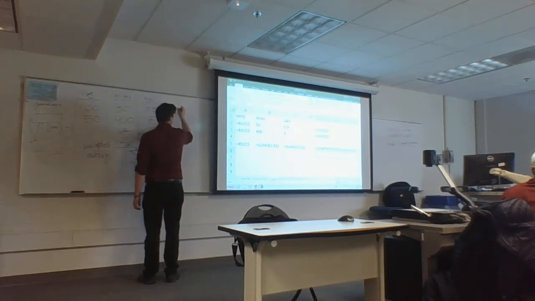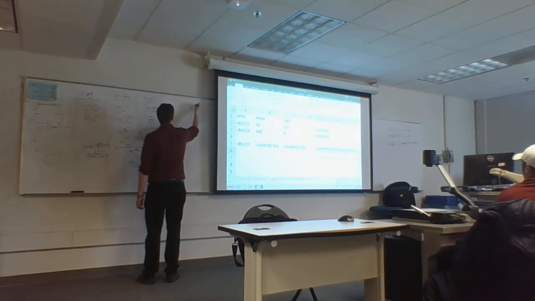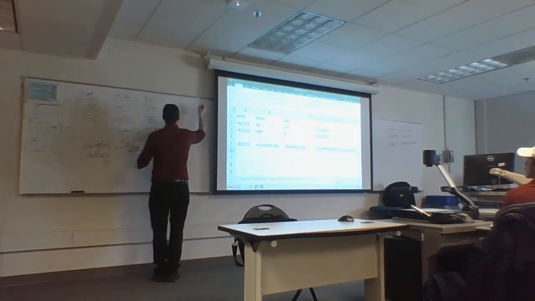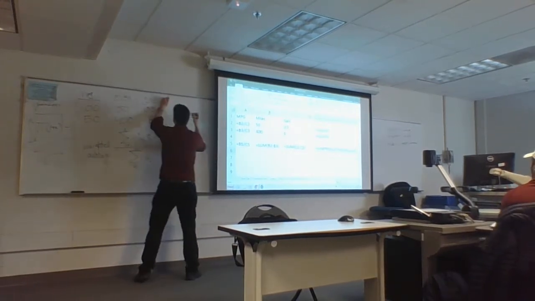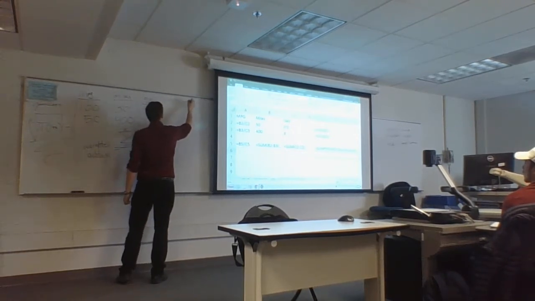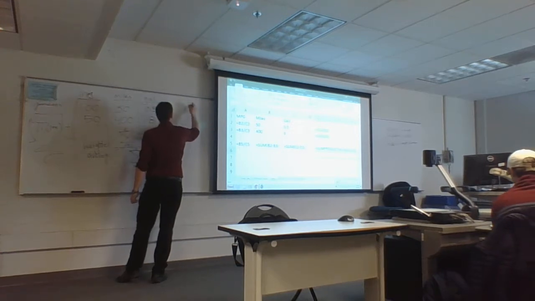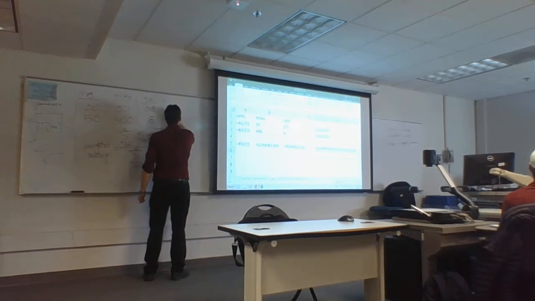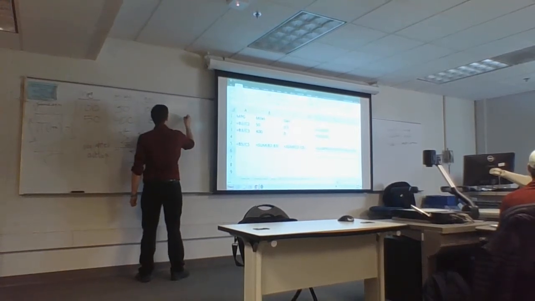It's B2 divided by C2 times C2 divided by C2 plus C3, plus B3 divided by C3 times C3 divided by C2 plus C3.